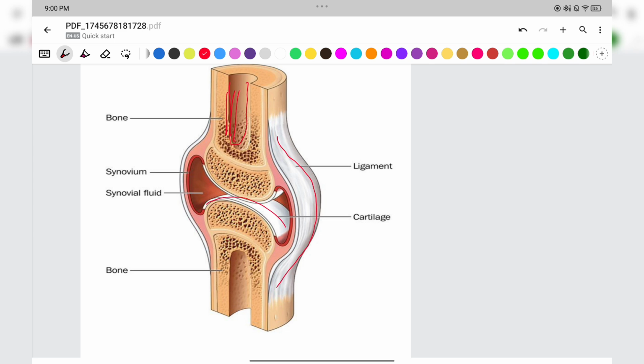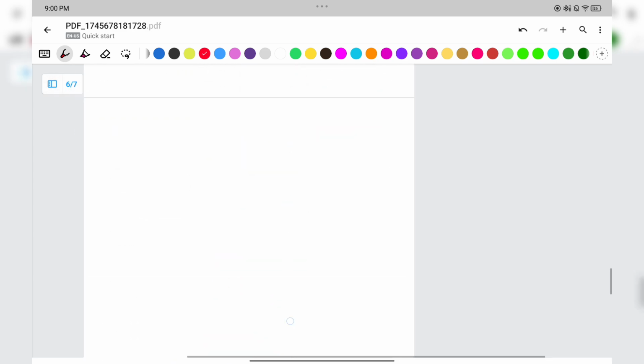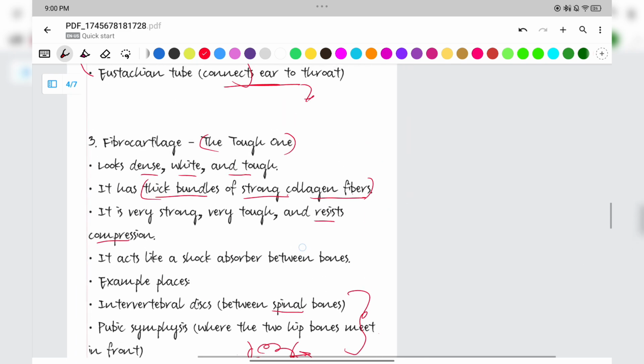This is generally known as the cartilage, which is present inside the joint, giving the joint and the bone a flexible movement if it is a hyaline cartilage or the elastic cartilage. But the fibrous one is really not flexible because it contains strong collagen fibers.